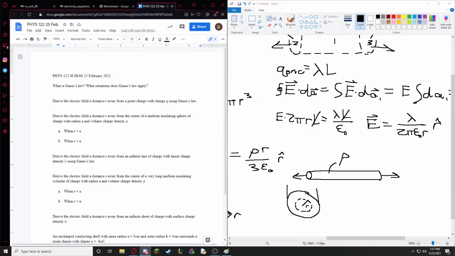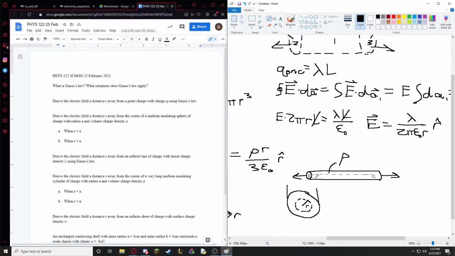So we want to find our electric field inside our infinite cylinder of charge. First of all, we can draw our Gaussian surface, which is just going to be a little cylinder inside it.